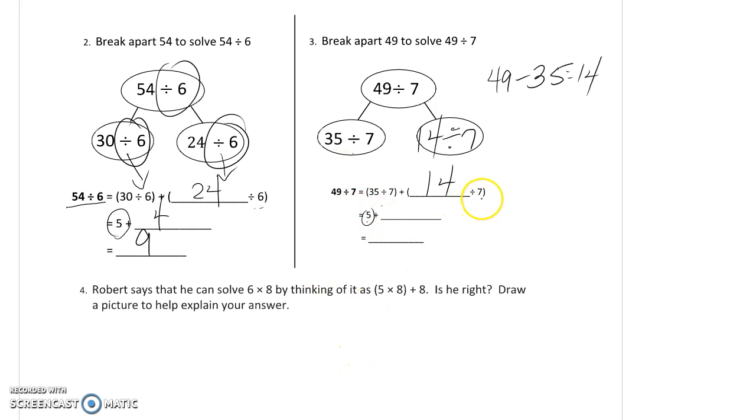Now we solve the remainder, 14 divided by 7, or 7 times what is 14? And we get 2. So to find the answer to 49 divided by 7, we add 5 plus 2, and we get 7. Okay? These can be tricky if you don't know how to break the two pieces down into a 5 fact.